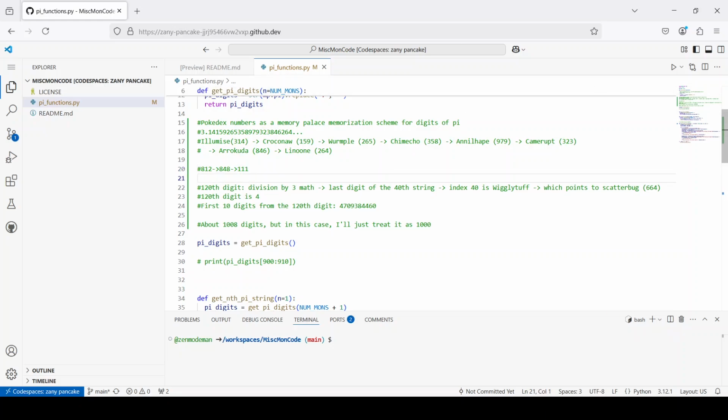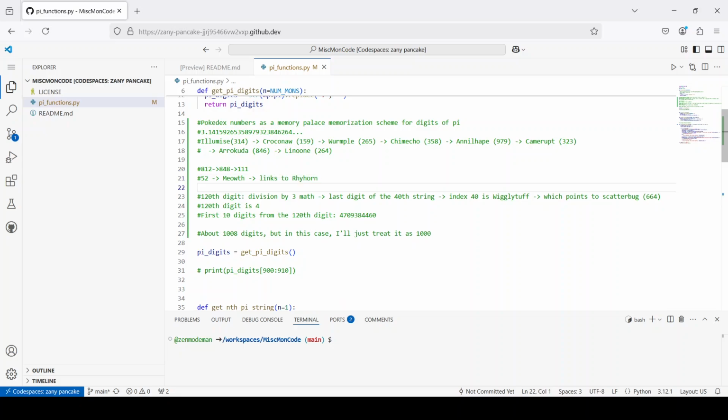But in my other indexing, the 52nd string is Meowth, which links to Rhyhorn. This is the 50th string, so the last digit gives us the 150th digit.